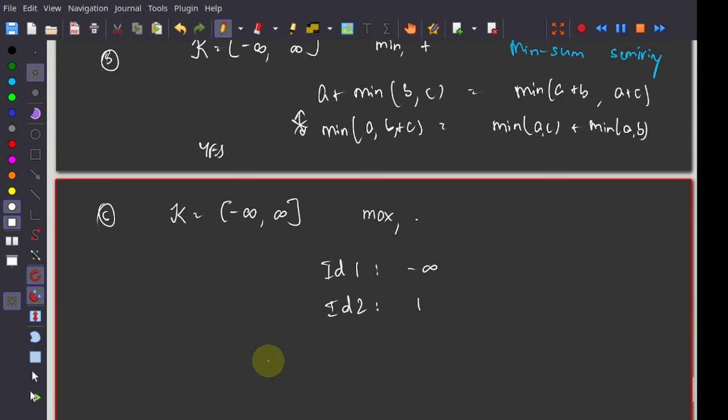Now we want to check whether A times max of B comma C is equal to max of AB comma AC.